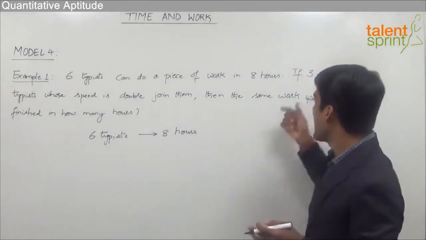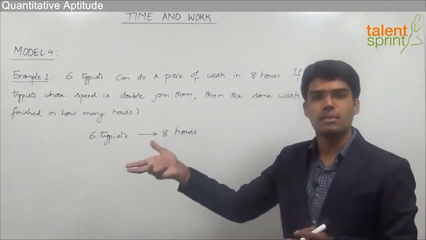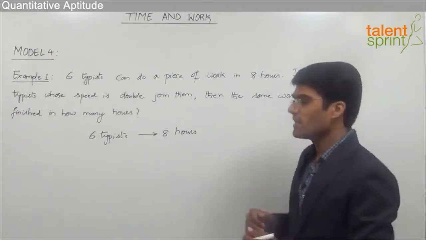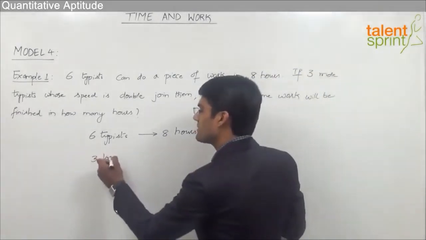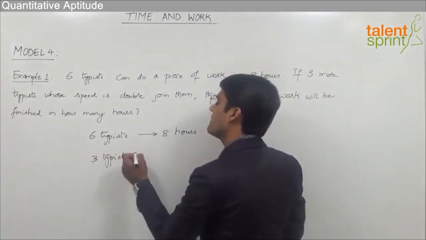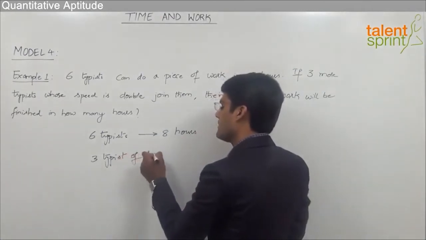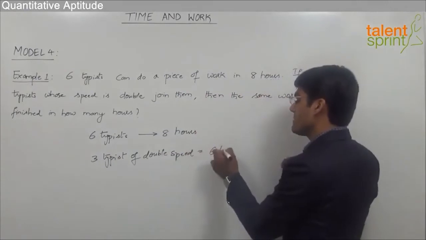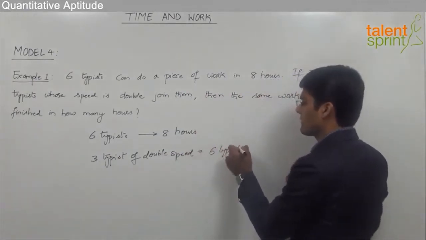So instead of saying that 3 typists of double speed, we can simply say that there are 6 typists of normal speed. That is nothing but 3 typists of double capacity are equal to 6 typists of normal capacity.